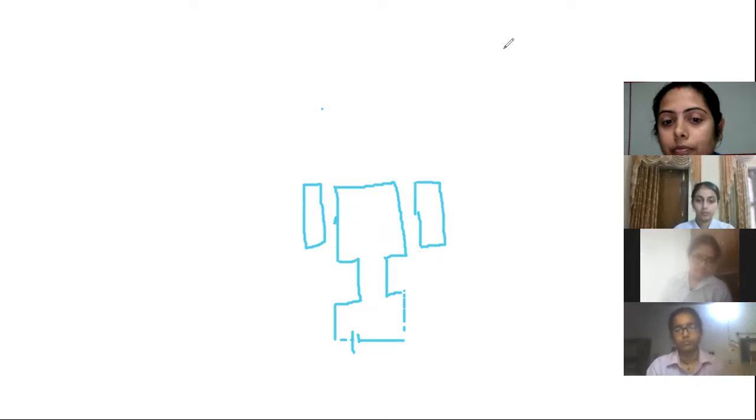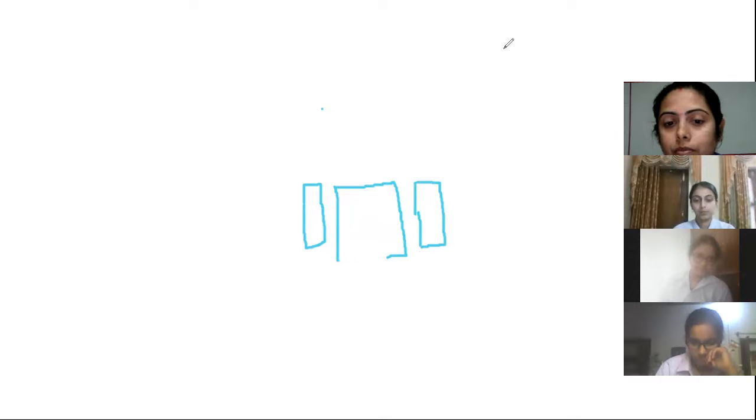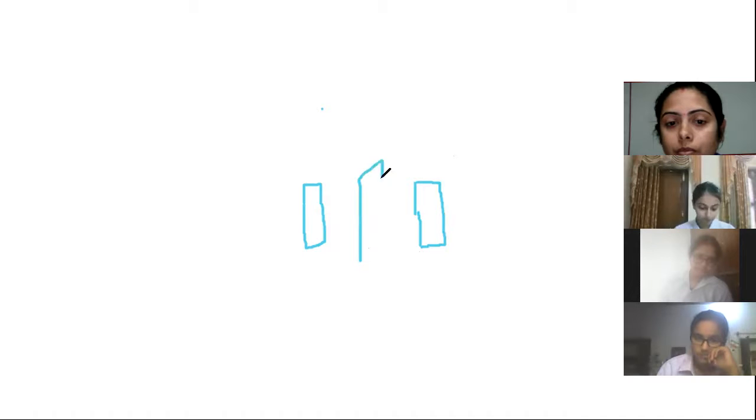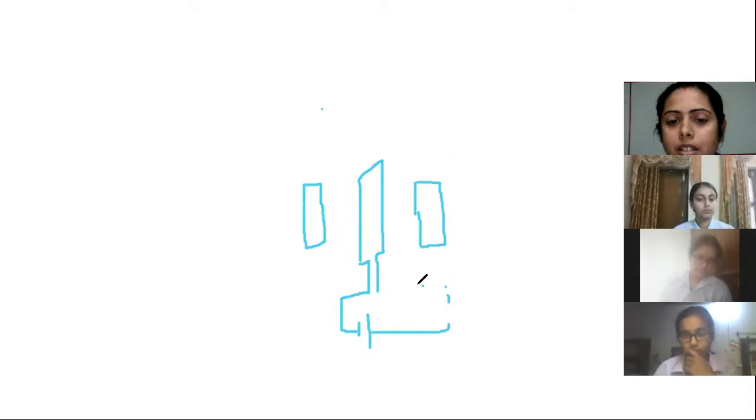So for that, now it is in the perpendicular direction. It is not parallel, but perpendicular. Now when it reaches here, it cuts the magnetic field, and the force will be produced. Is the point a little clear?